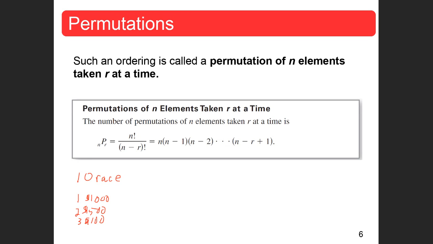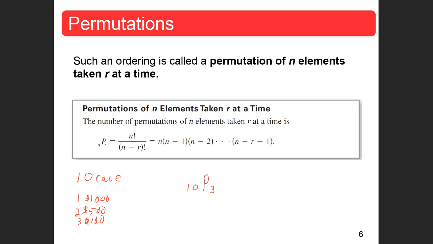Well, doesn't it make a difference if you come in first, second, or third? This means order matters. So if I wanted to find out how many different permutations there would be with 10 people in a race that there are going to be 3 places, then what I would do is I would say 10 permutate 3.